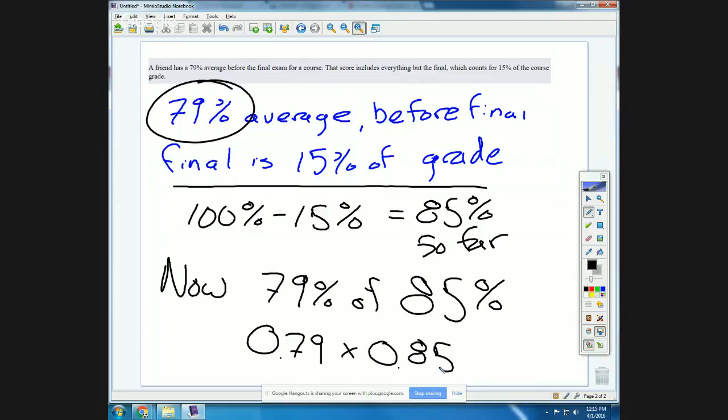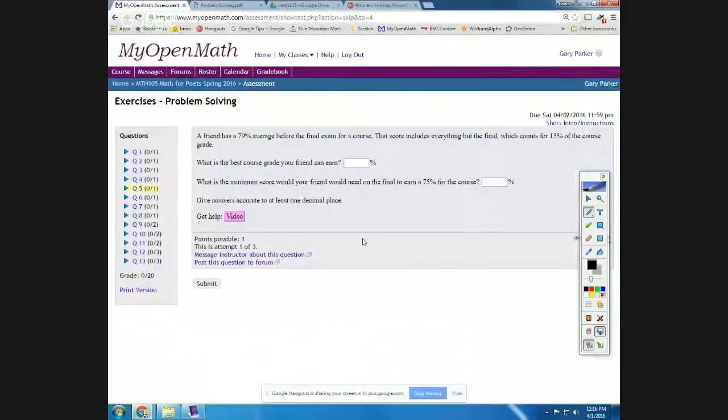And so we whipped that out. Any calculators on the fly there? 67.15. So it's approximately 0.6715 as a decimal. And then we always want to read the fine print in the problem to type it in correctly. So what does this say here?